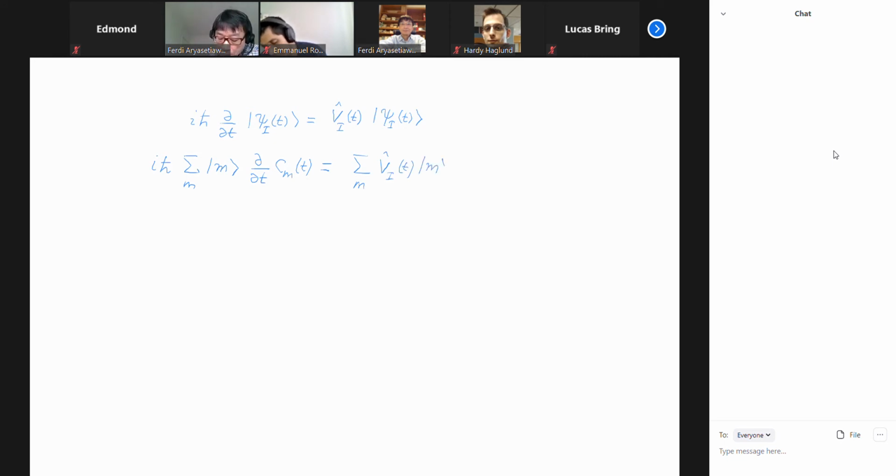And then the coefficient t. So now we can pick up one of the coefficients on the left hand side by projecting to one of the eigenstates. So let's call it n, like this. So then that gives me d/dt c_n(t).